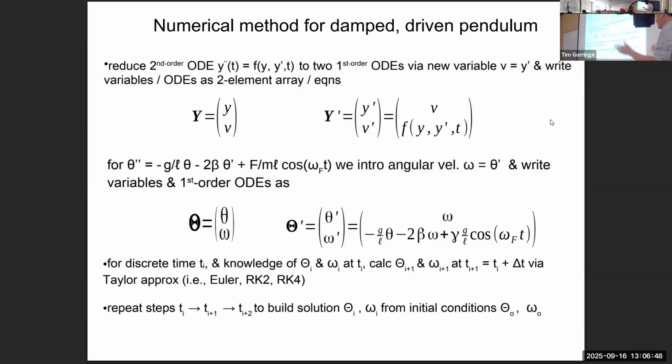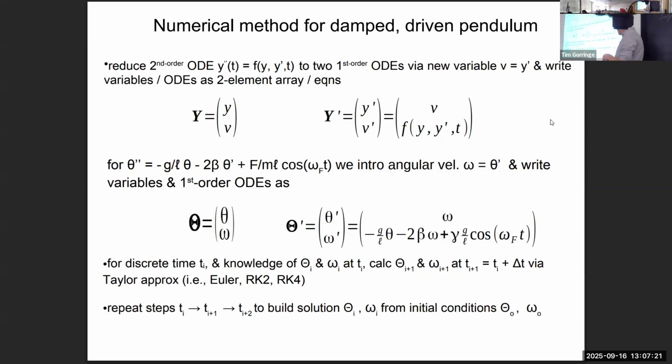So once we've specified the initial values of theta and omega at a certain time, say theta i, omega i, then we can just propagate them to the next time, theta i+1, omega i+1, by using the Taylor expansion, effectively, by using the Euler code that we developed in last Tuesday's class, or the Runge-Kutta codes that we developed in last Thursday's class.